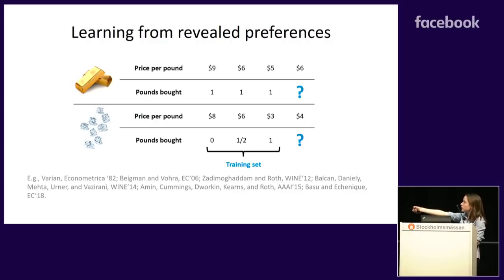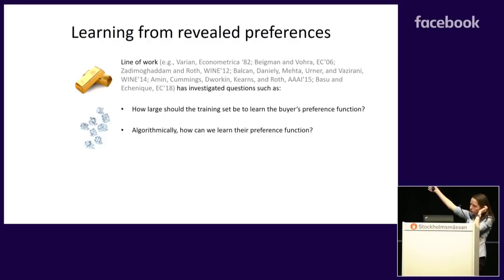What would the buyers have bought? So you can basically view your previous interactions with the buyers as a training set, which you use to learn their valuation function so you can answer, for these prices, what would they have bought? And there's been a long line of work on this, also exploring very interesting questions like how many training samples should I use? How do I actually learn the buyer's values?